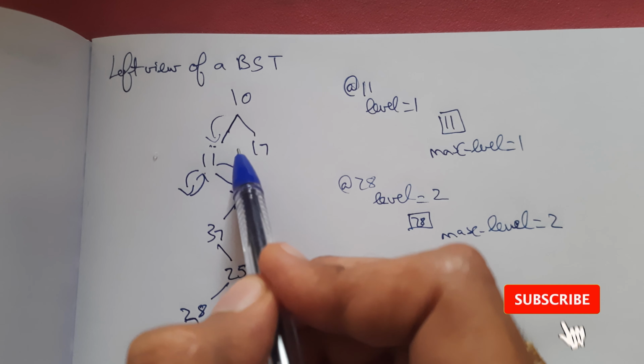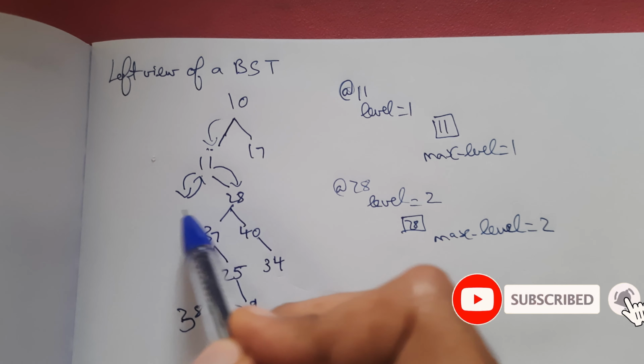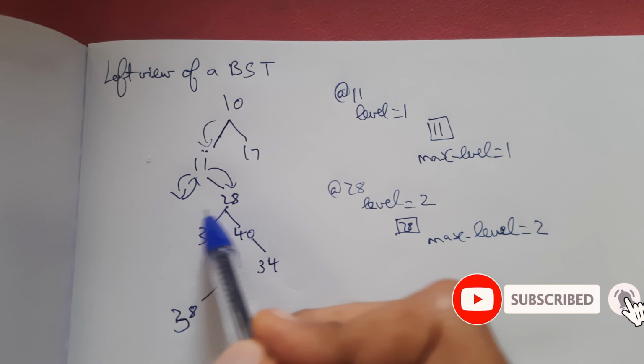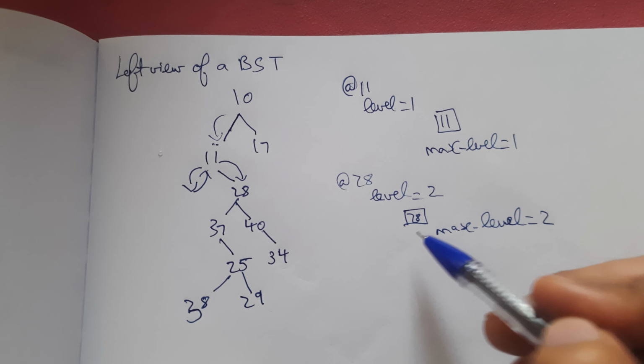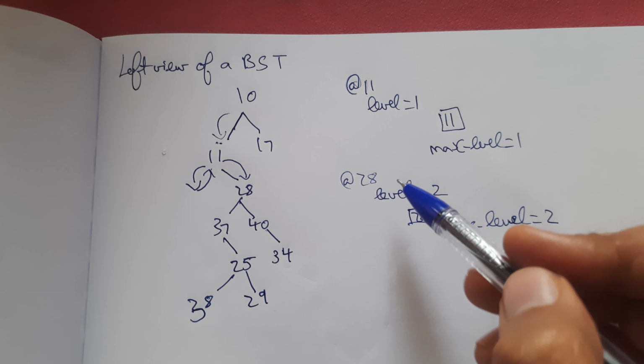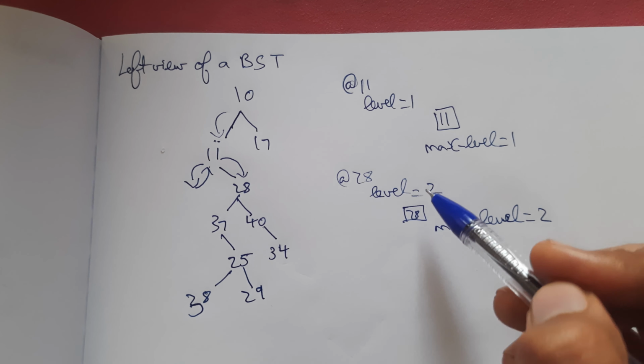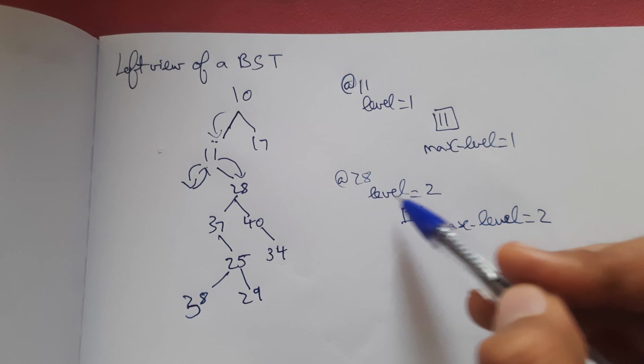So this is the 0th level, first level and second level. Since this node is the first at its level, we print this value and set max level to the value of level that was passed by call by value. So now max level is equal to 2.